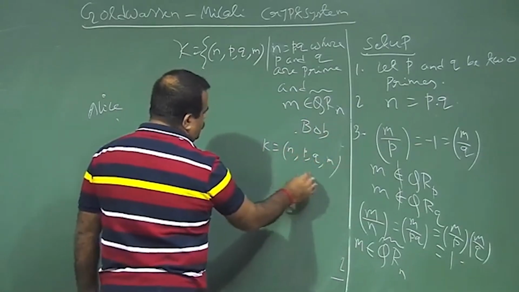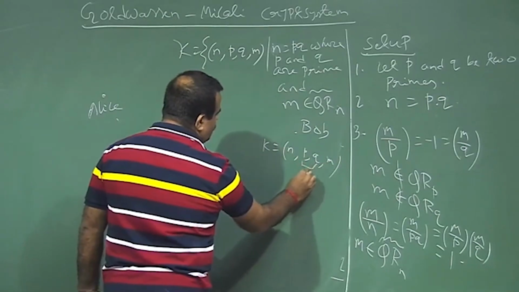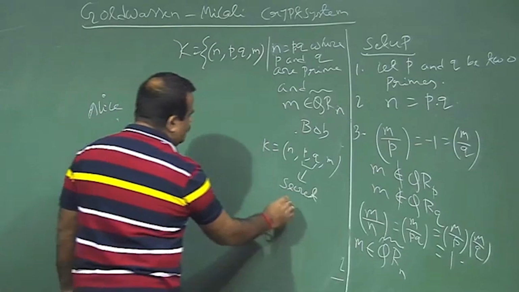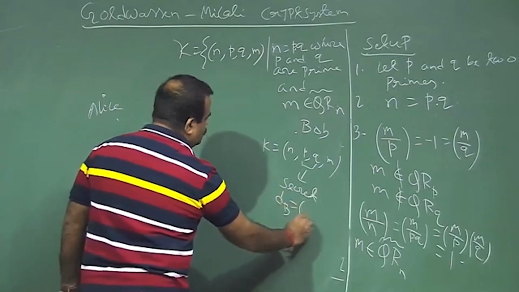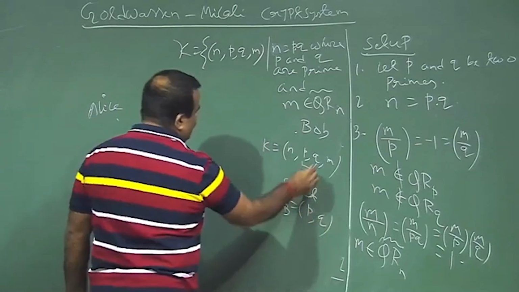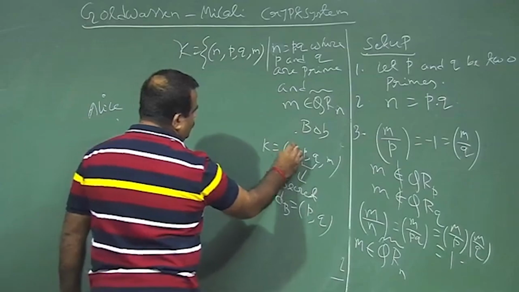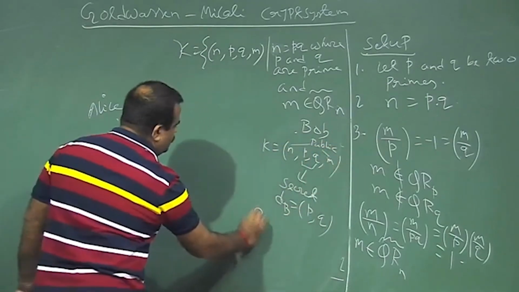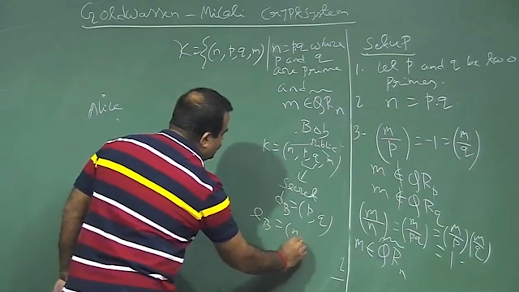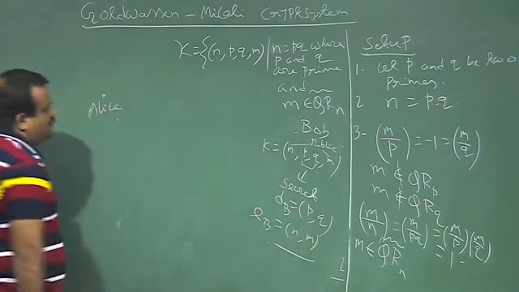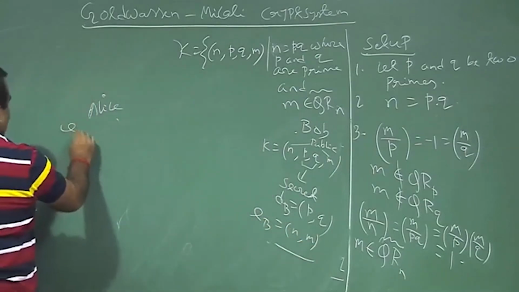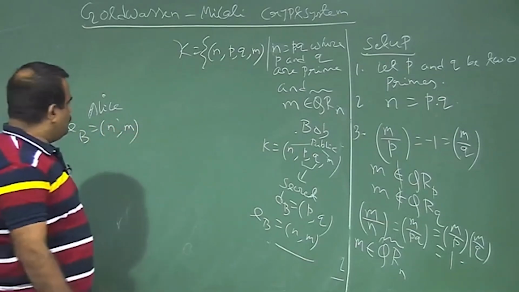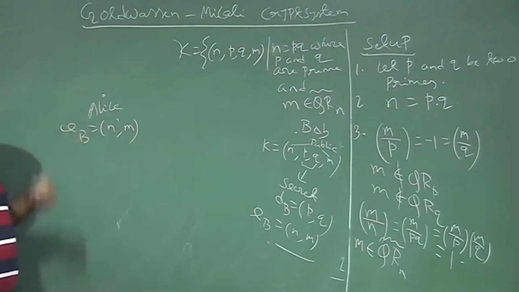Now, P and Q are basically the secret key of Bob, DB of Bob is P comma Q, and these two, N comma M, are the public key of Bob, EB of Bob. So it is public and available to the sender, which is Alice.